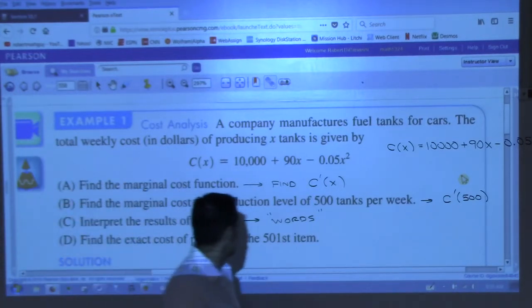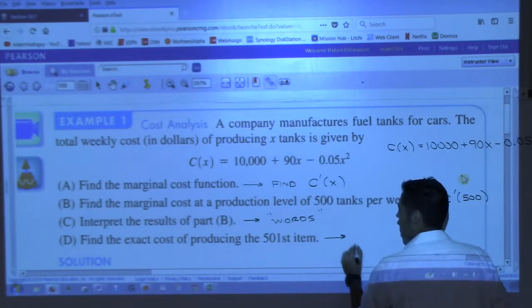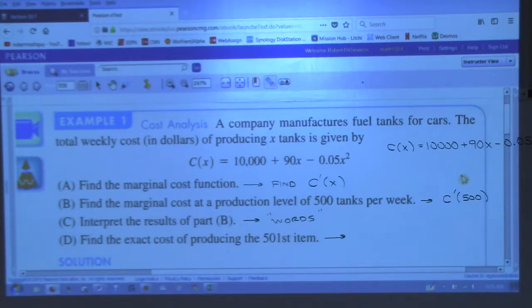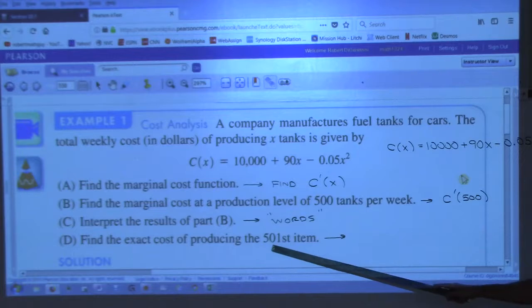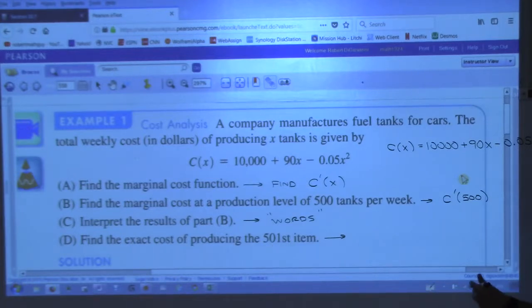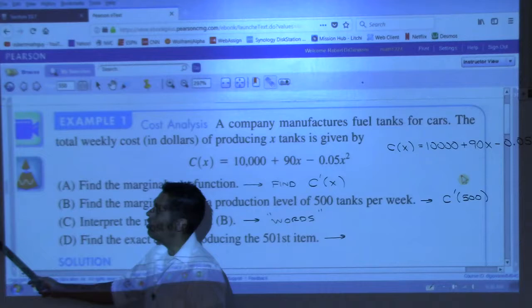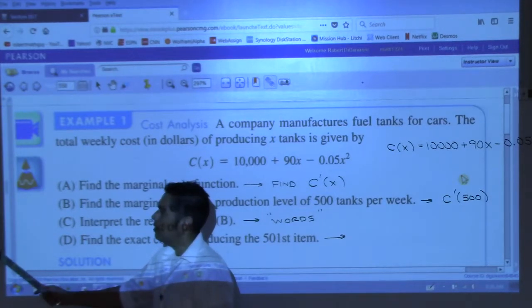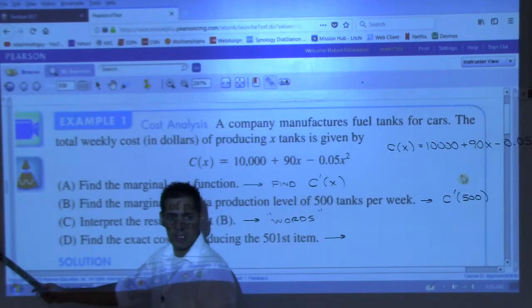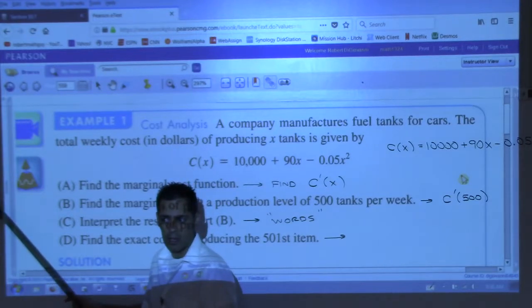So what we're going to do here for this one is what? If we're trying to find the cost of the x plus 1 item, so that's like our 501st, then we will take the 501st cost and subtract the 500 cost.